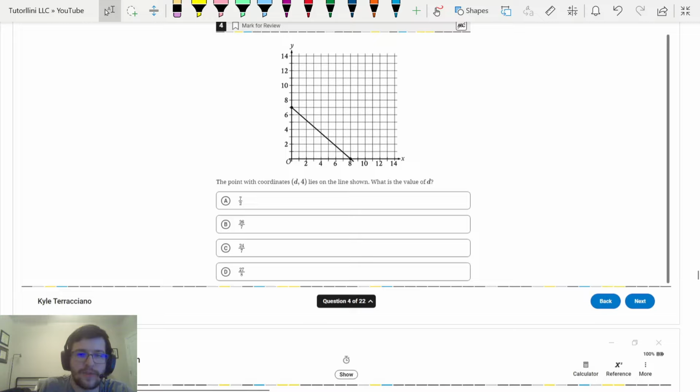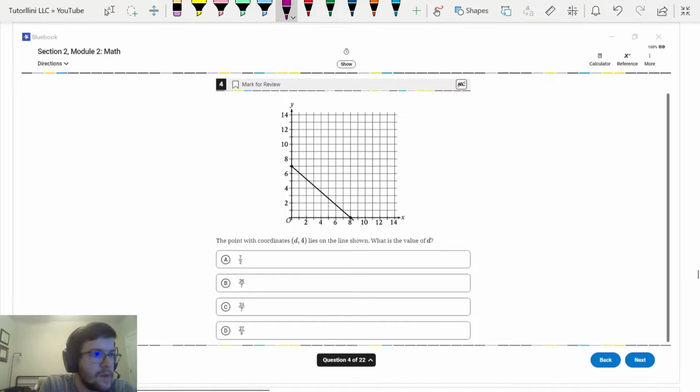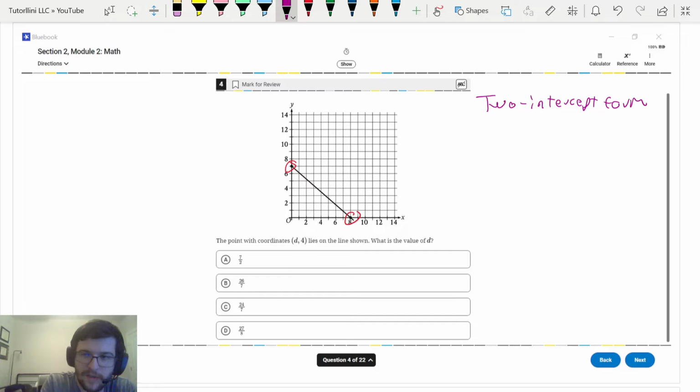All right, so I'll go through this one again. Again, pick out the intercepts, and then you can use intercept form. I'm not sure what they did in the solution for this, the College Board. So x over a plus y over b equals 1.